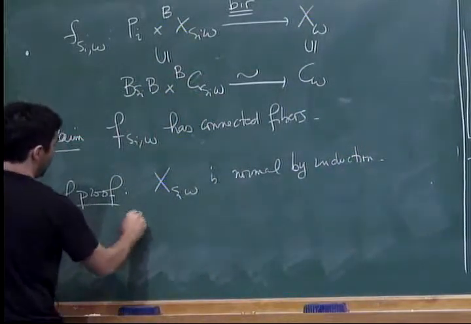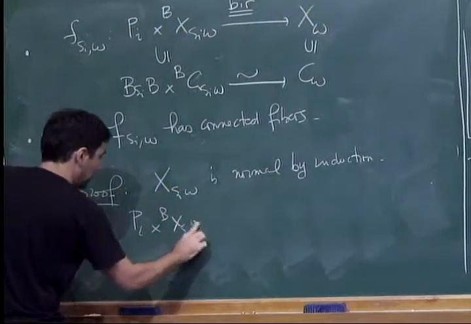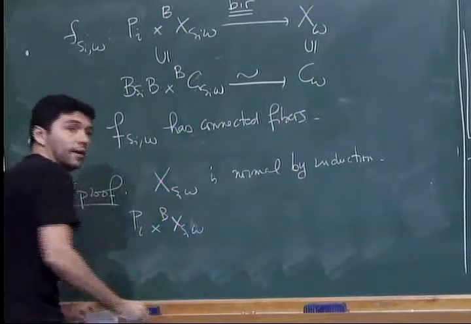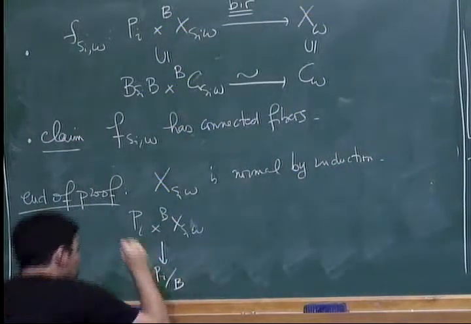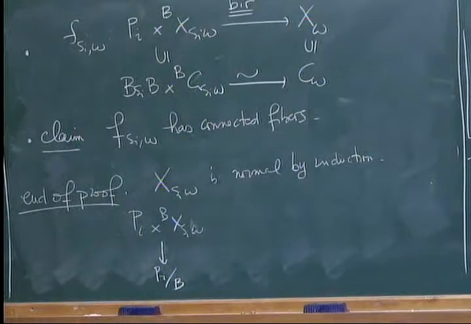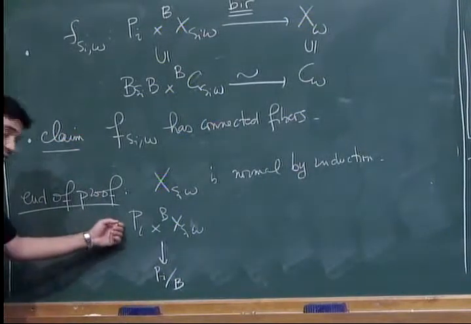Look, the Pi cross B X Si omega has a natural map to Pi mod B, and you check that it is Pi equivariant with respect to multiplication on the left.